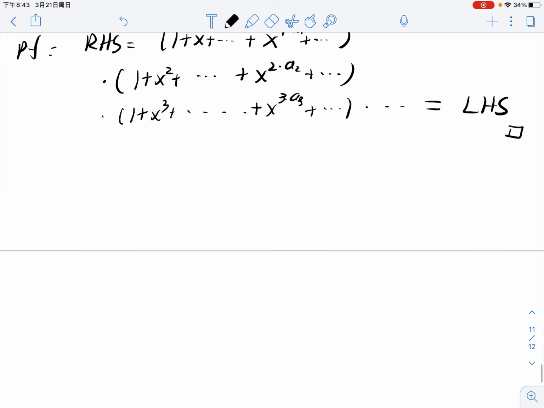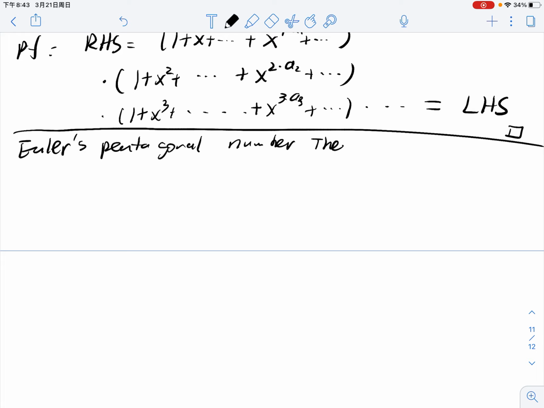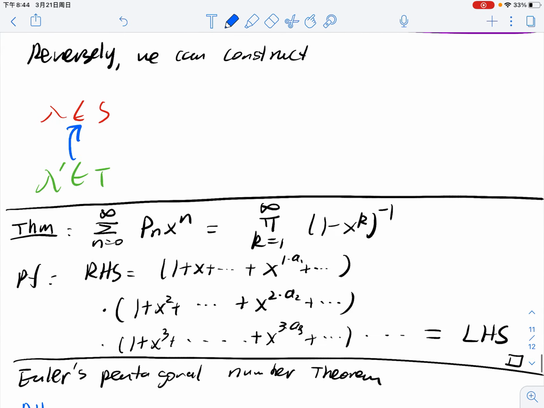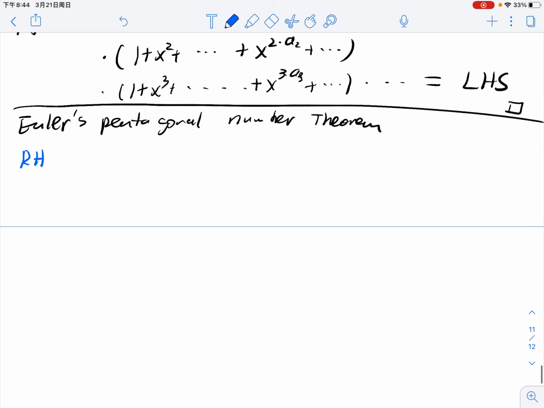And Euler's starting point is, so next we're going to talk about this. His starting point is that he noted that, recall the right hand side is 1 over the product of 1 minus x to the k, k from 1 to infinity.